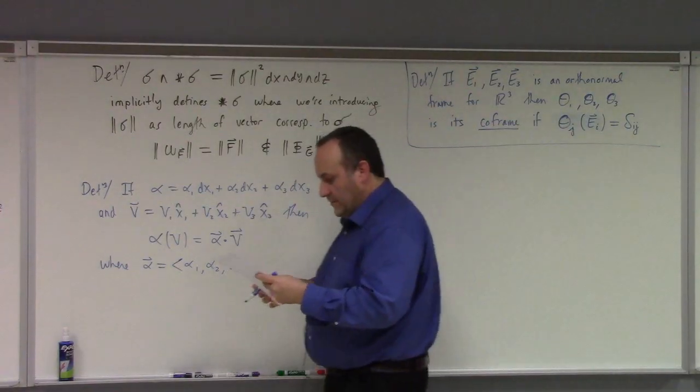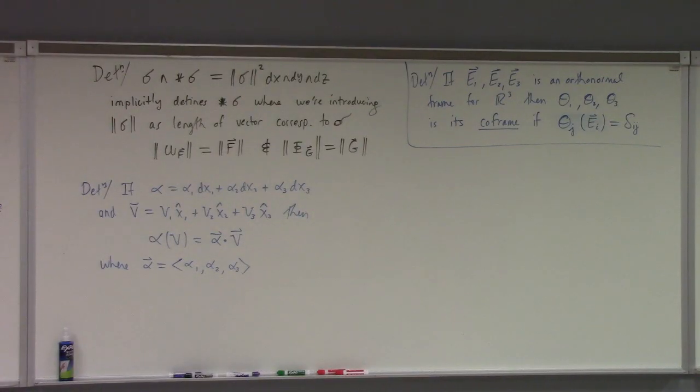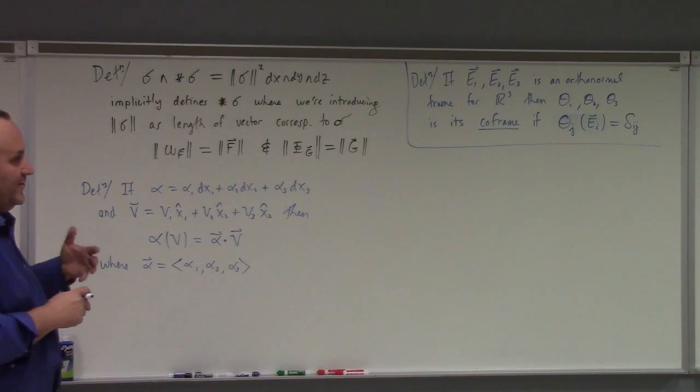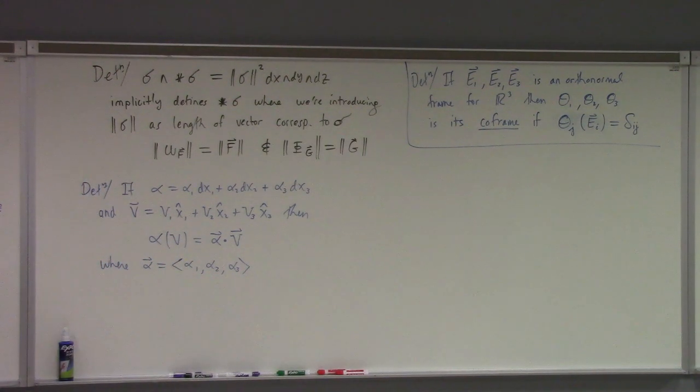What do I mean by an orthonormal frame? We've talked about that before, but let me remind you. Can you give me 3 examples of orthonormal frames on R3? Yeah? X hat, Y hat, Z hat would be an orthonormal frame, right? What else? You said spherical: rho hat, phi hat, theta hat, right?